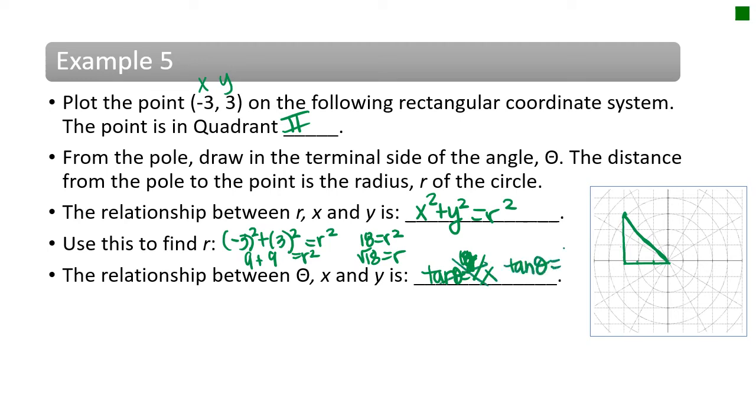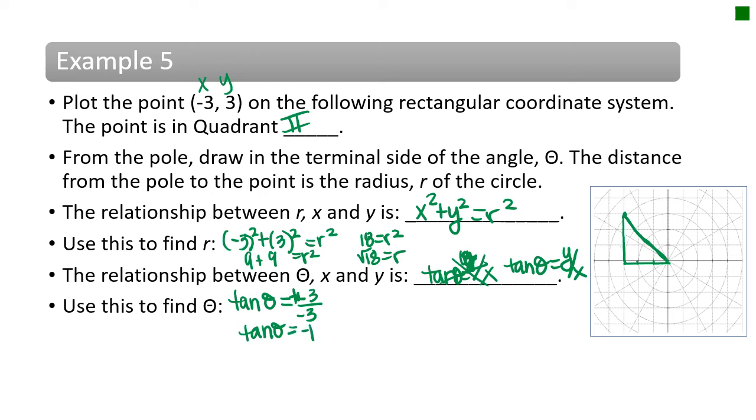Tangent of theta equals y over x. So we can use that relationship to find our theta. So tangent of theta equals our y, positive 3, over our x, which is negative 3. Oops, that needs to go on the bottom. So I get tangent of theta equals negative 1.